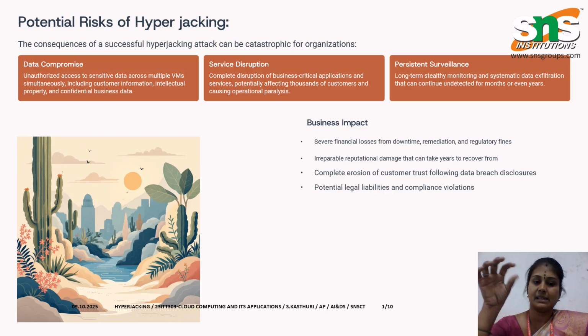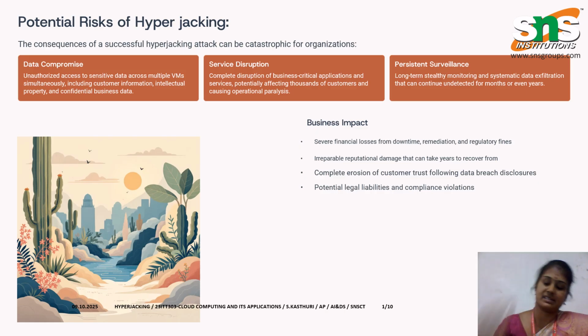Business impact: regulatory fines, customer loss, and reputation collapse. In early 2025, a Middle Eastern cloud data center suffered a hyperjacking based ransomware attack that froze around 4,000 plus VMs, leading to a 72-hour shutdown and millions in damages.